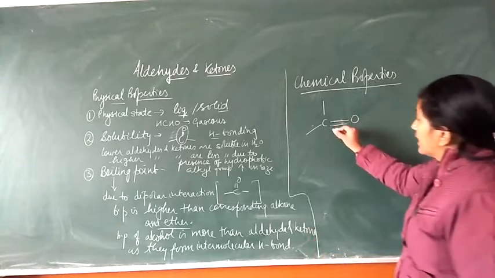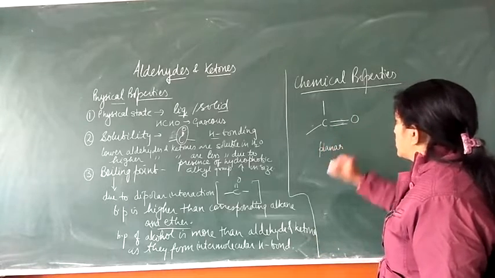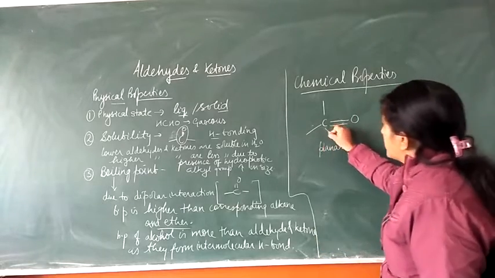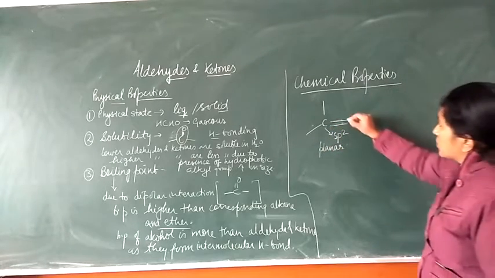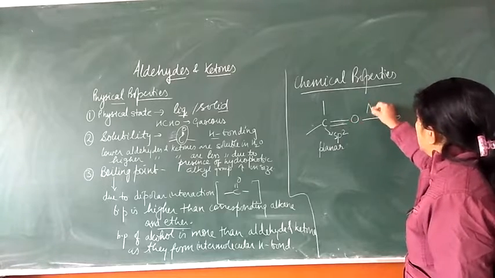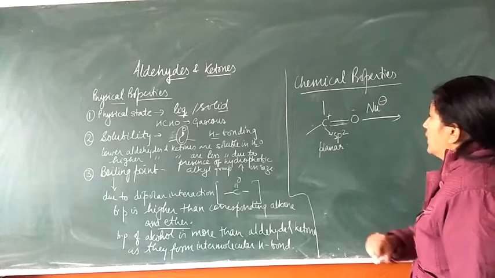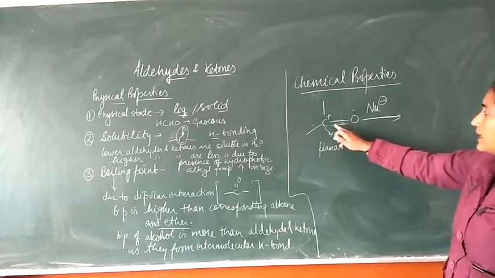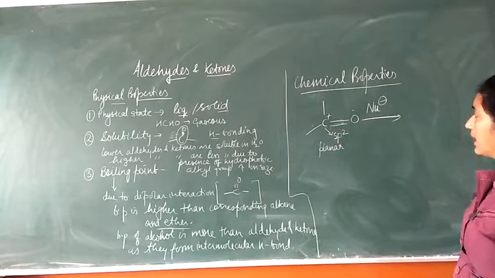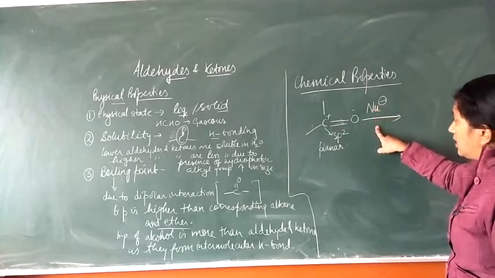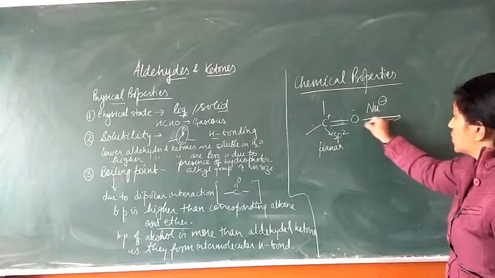Here we know that the carbon is sp2 hybridized, having a planar shape. When a nucleophile attacks, due to resonance the oxygen will get a negative charge due to pi bond shifting, and carbon will get a positive charge, right? When the nucleophile attacks, that step is the slow step.